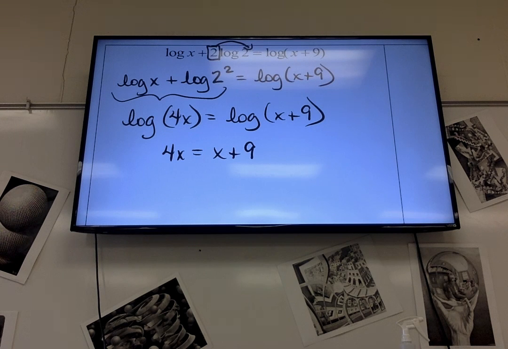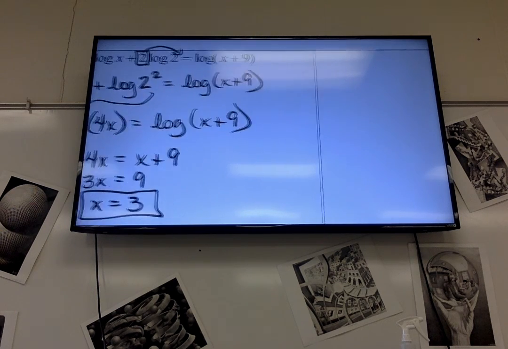And the reason why I say logs cannot cancel is because they're an operation, not a number. Subtract x from both sides, you get 3x. Divide by 3, x is 3. Then we're supposed to check it.